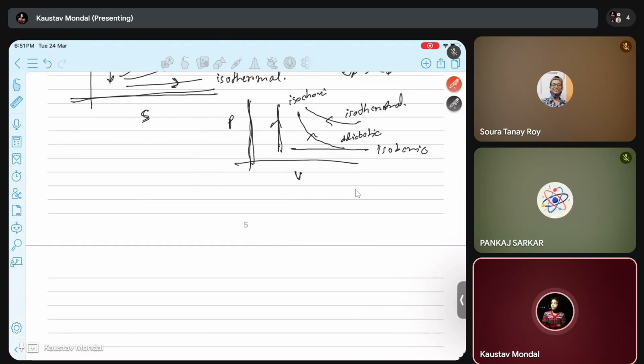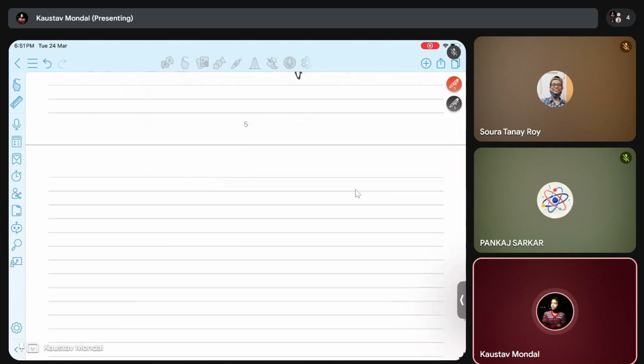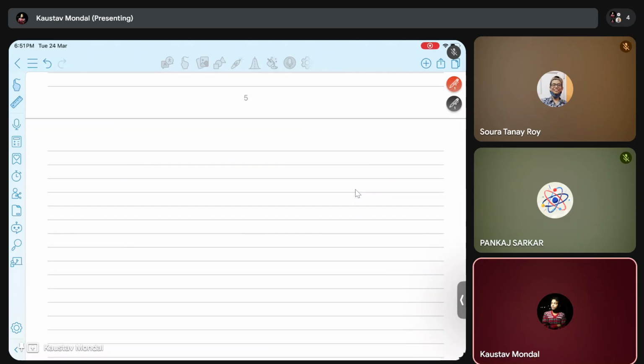So in a problem, if a TS diagram is given instead of a PV diagram, from the structure of the diagram you can easily identify which processes are happening in the system. Now let's construct the diagram for a heat engine, from the PV diagram to the TS diagram.